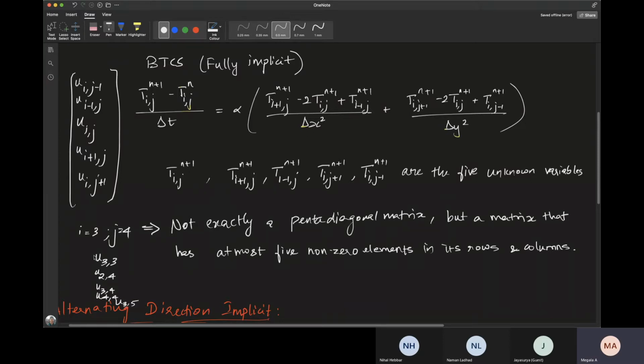So it's not possible for us to arrange this vector neatly, so we won't be able to get a neat pentadiagonal matrix, but still we'll have at most 5 non-zero elements in any row or column.